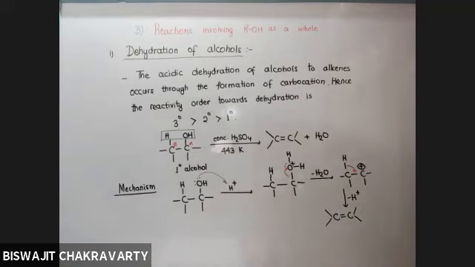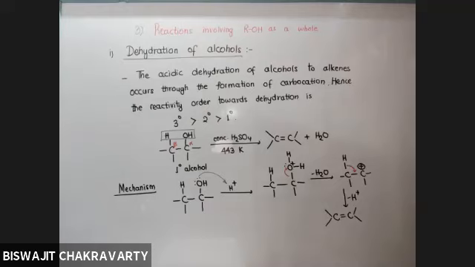So if there is more than one type of beta hydrogen, which rule is followed? Saytzeff's rule. What does Saytzeff's rule say, do you remember? Sir, the carbon containing less number of hydrogen will give its hydrogen.